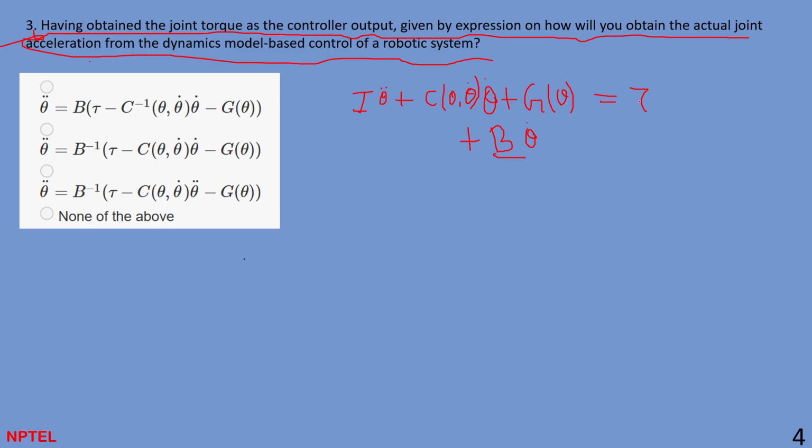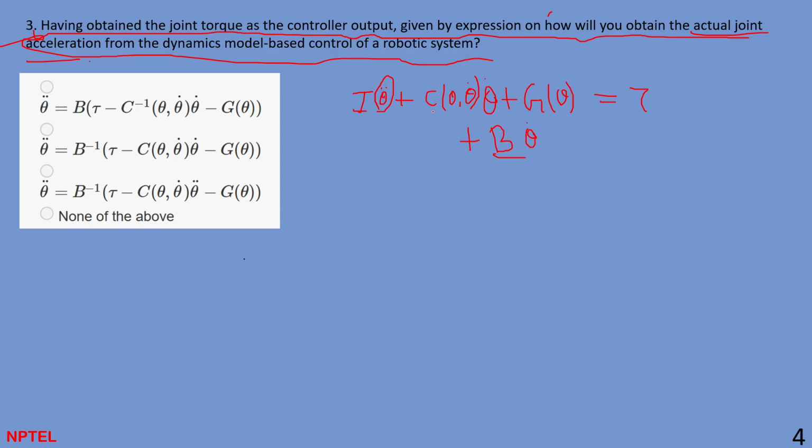But you have this torque term, right? And they are asking how to get the actual joint acceleration. So this is the acceleration vector, theta double dot, and we need to calculate this. How to calculate it?